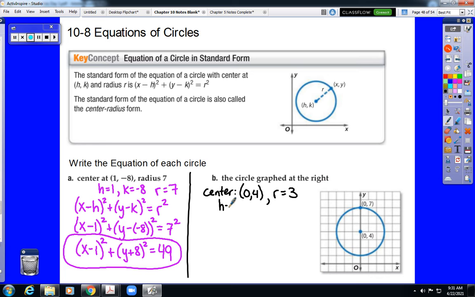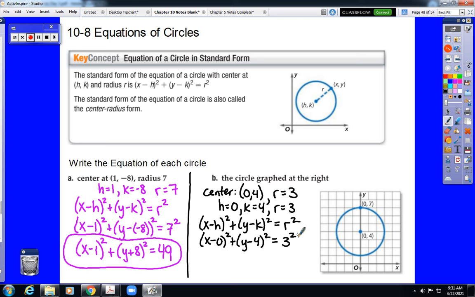So we have h equals 0, k equals 4, and r equals 3. Again, our equation is in the form (x minus h) quantity squared, (y minus k) quantity squared equals r squared. So that would be (x minus 0) quantity squared, (y minus 4) quantity squared equals 3 squared.